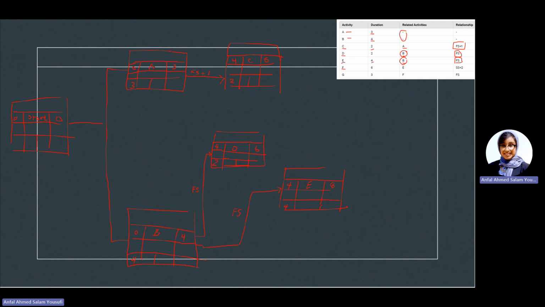Let's do F. F has a relation with E, so I'm going to draw F somewhere in here.